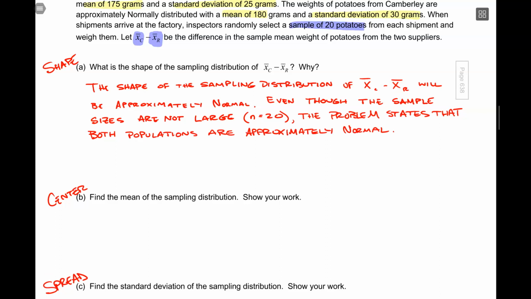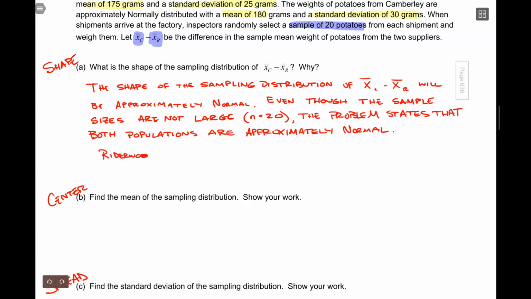So we don't have a large sample here in either case. Each sample is 20, but the problem states that each population is approximately normally distributed. So the sampling distribution of x sub c bar minus x sub r bar will also be approximately normal. Okay, just a couple quick comments here, and I'm just capturing information that's given in the problem.